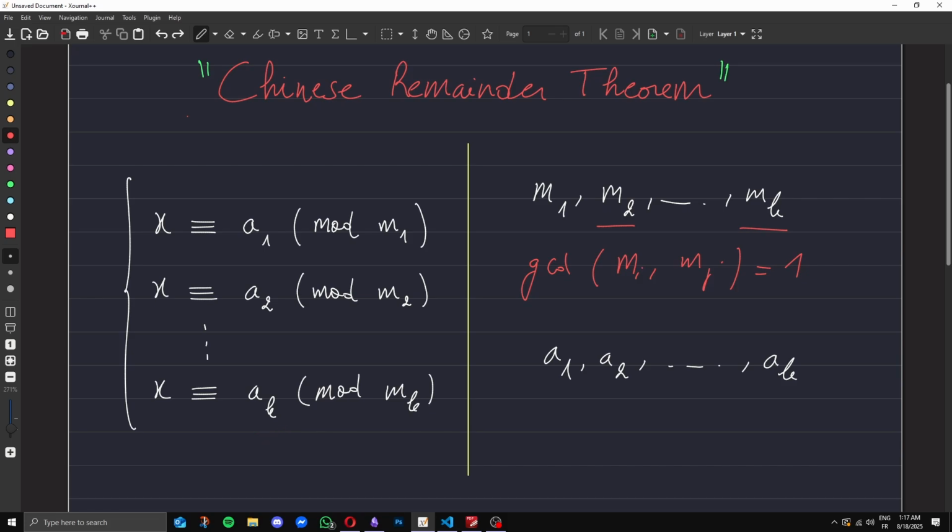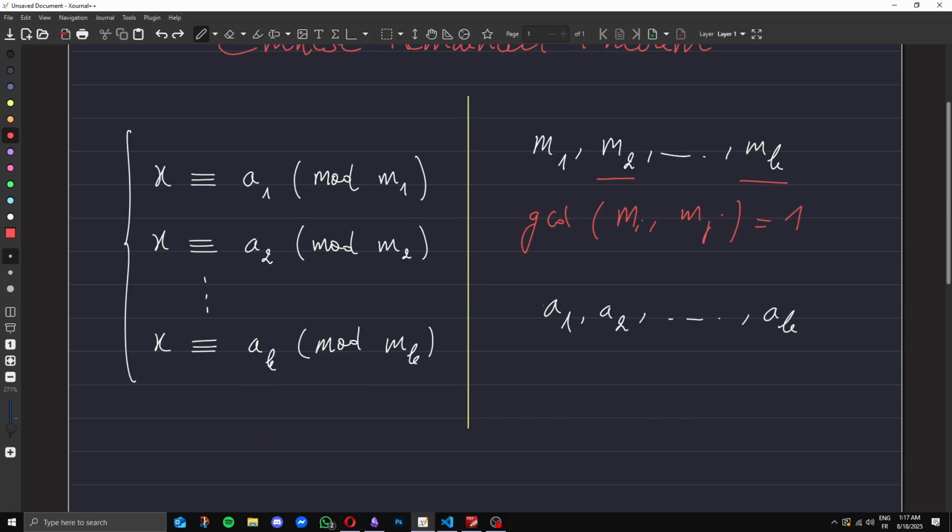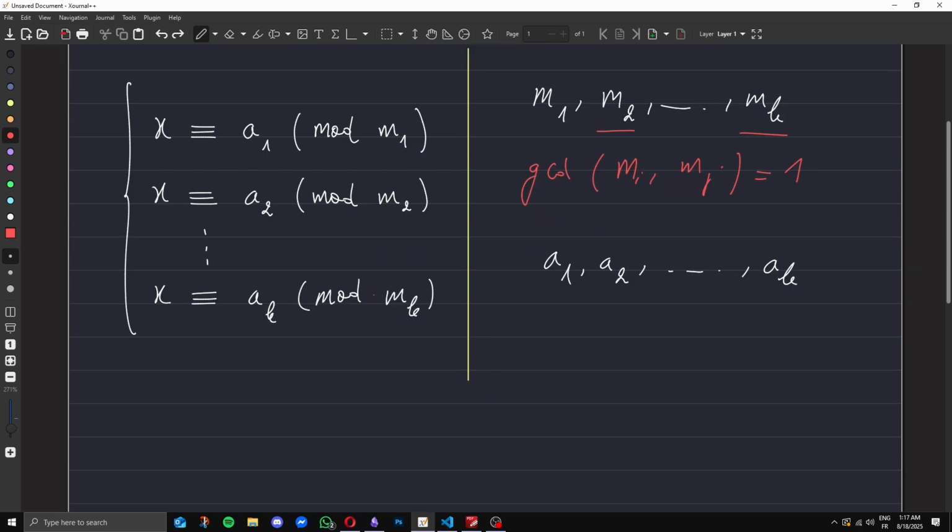Now, CRT states that given this system of congruences, we're going to solve for x. There is a unique solution taken modulo m, being the product of mi, like m1 multiplied by m2 until mk.